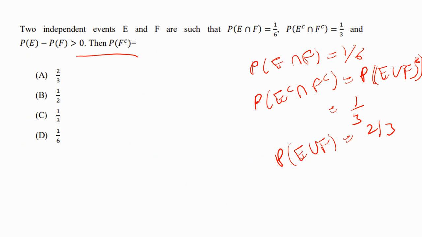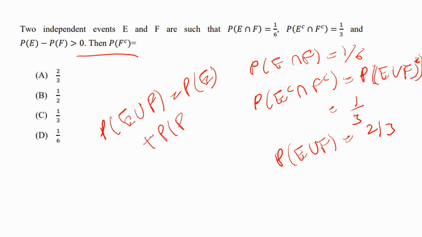So what we know is that probability of E union F is equal to probability of E plus probability of F minus probability of E intersection F. It is given here, it is 2 by 3.